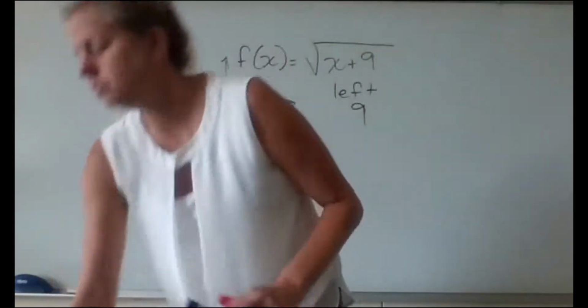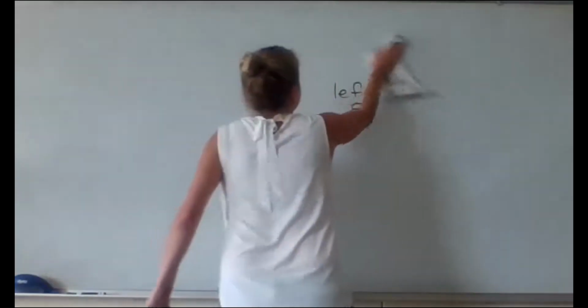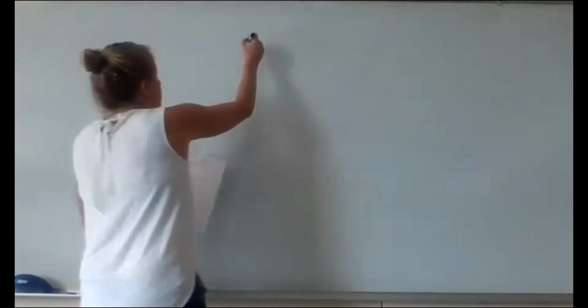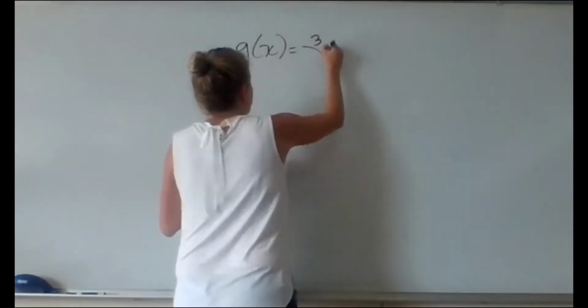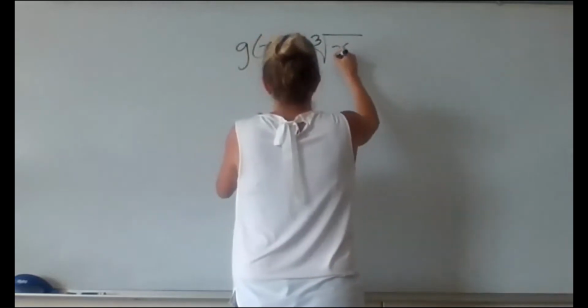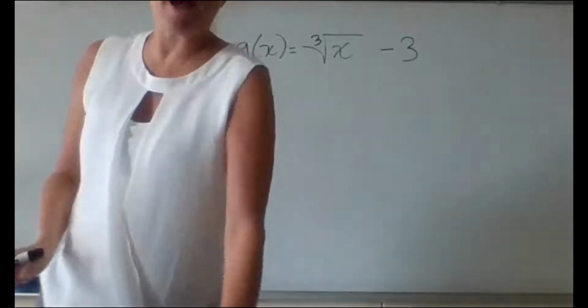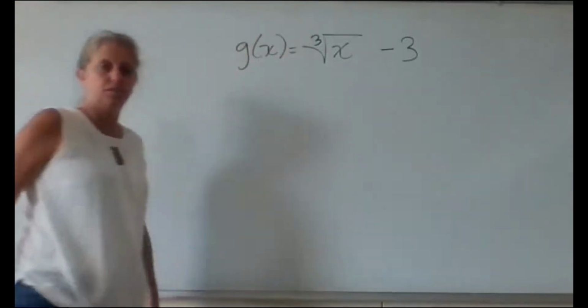Okay, 2 more. Number 7. Equals the cube root of x with a -3 that's not underneath the radical symbol, which means that's an outside number.